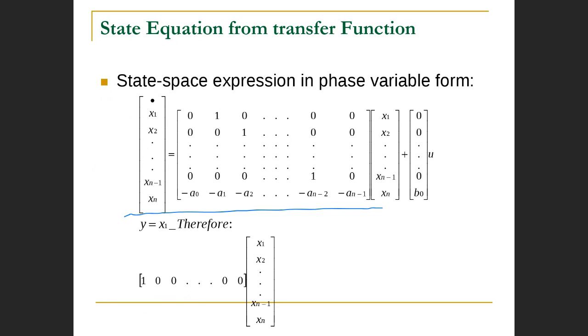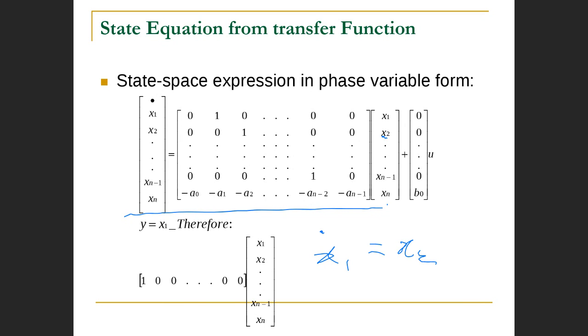So let us see if we can make sense of it. Row by column. x1 dot is going to be equal to what? Let's check it: 0 times x1 plus x2 plus 0 times everything else. Therefore, x1 dot is equal to x2. Do you recall that? Yes, sir. Good. And it continues throughout.